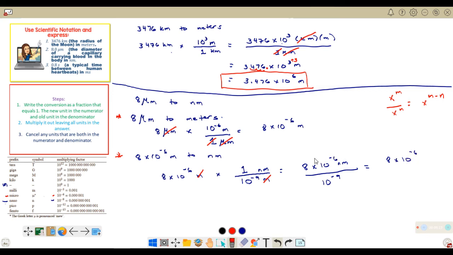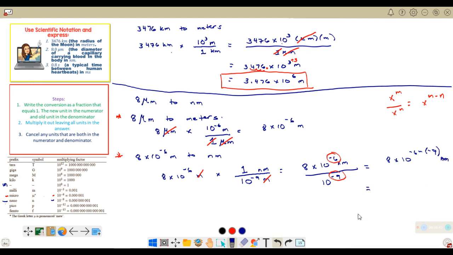Take note, dito tayo magpe-perform ng subtraction. Minus negative 9 nanometers.